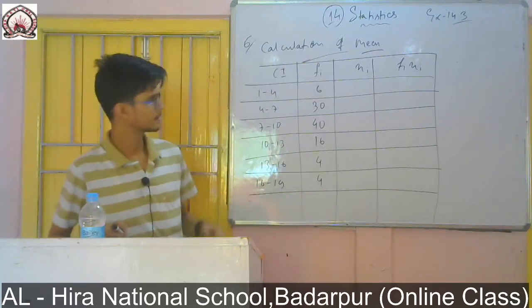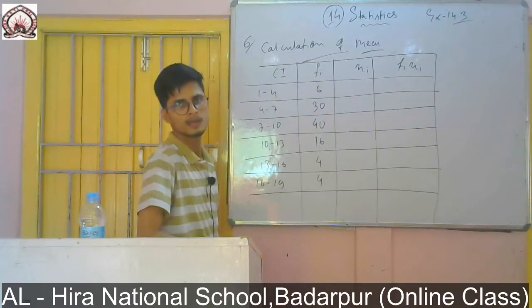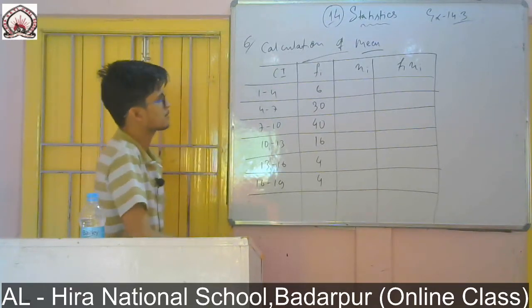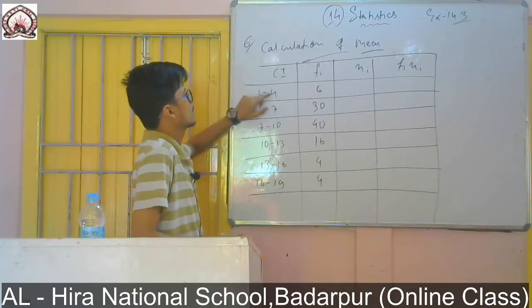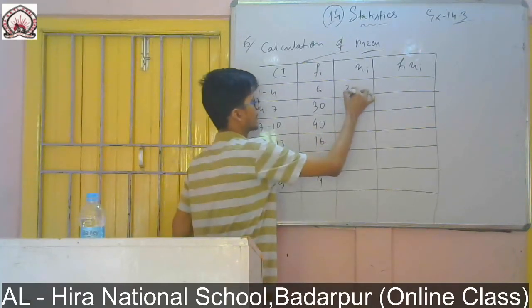So now we will find Xi. 4 minus 1 is 3, half of 3 is 1.5. Directly, 4 plus 1 is 5, 5 by 2 is 2.5.